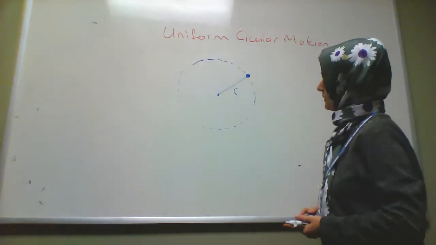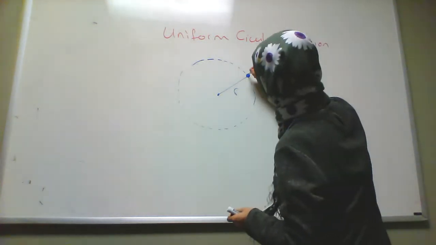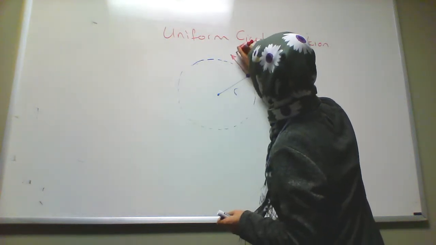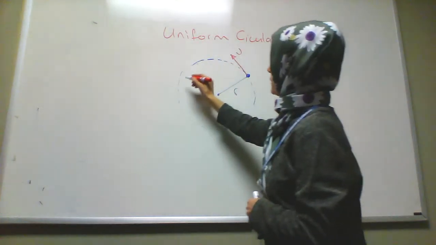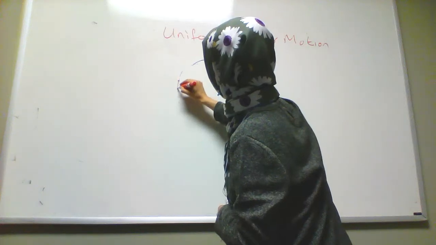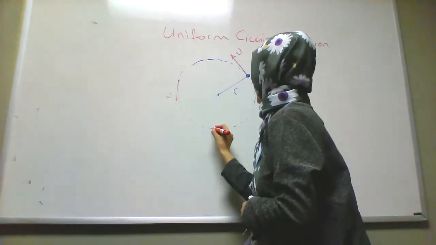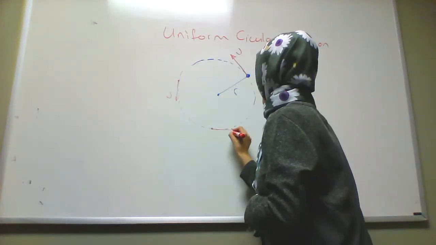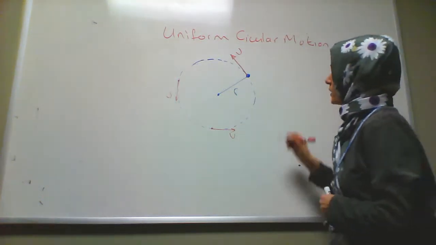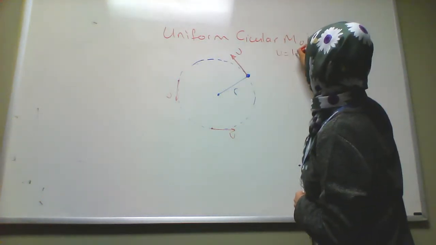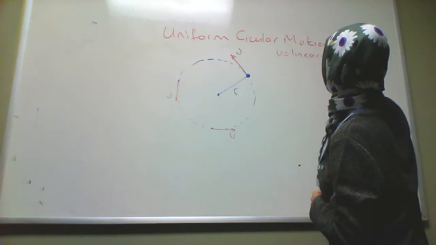There will be a velocity along this circle. As the object rotates along the circle, we'll always have a velocity that is tangent to the circle, what we call linear velocity.